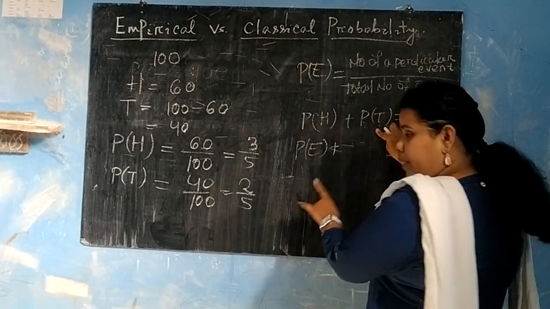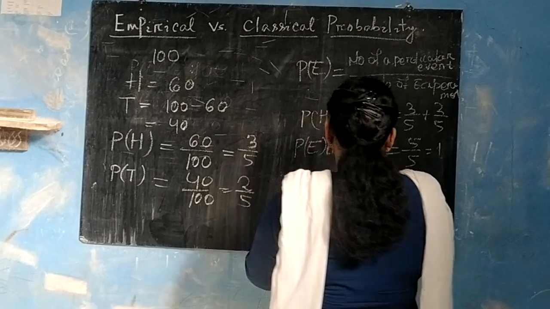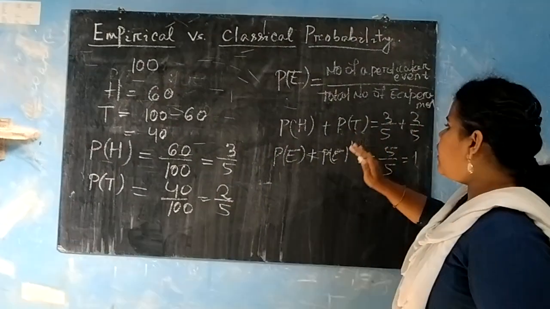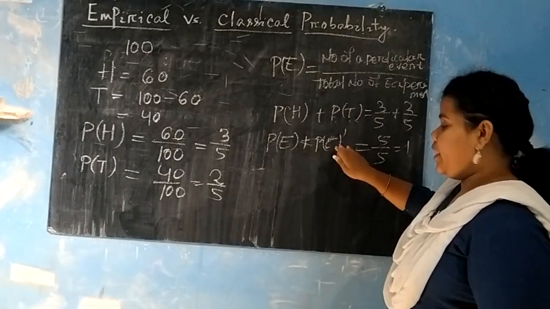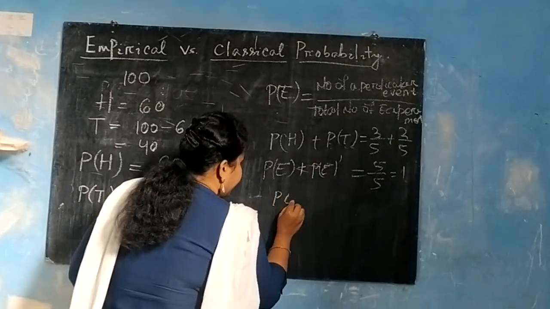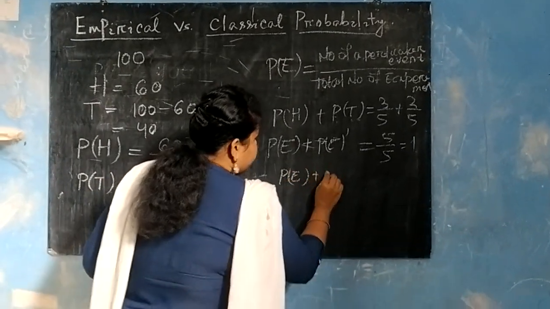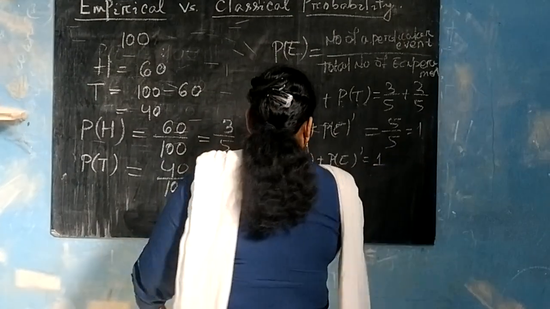In the place of PT, we can write PE dash, meaning probability of not an event. So PE plus PE dash is always equal to 1.